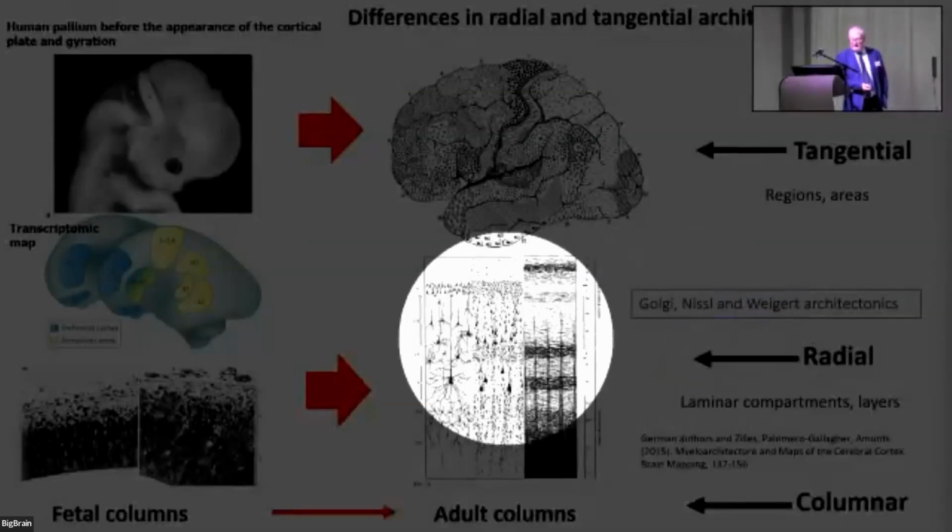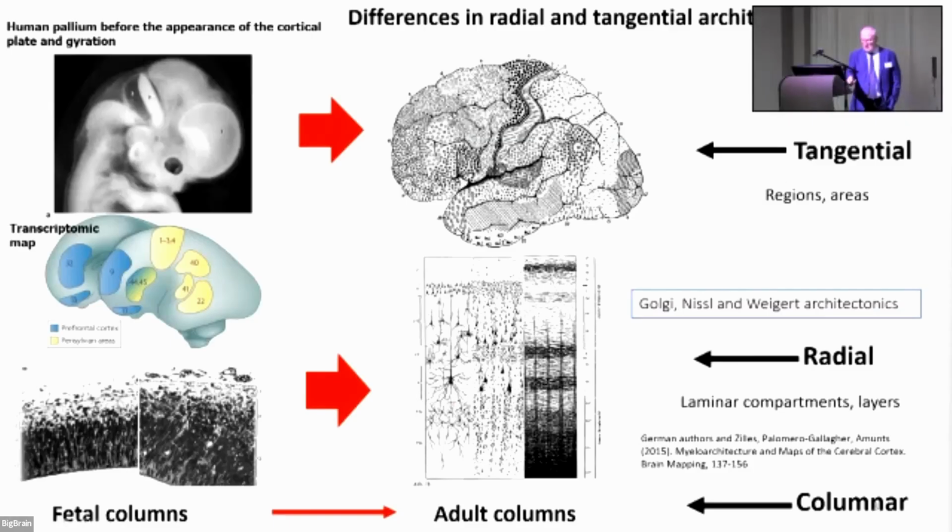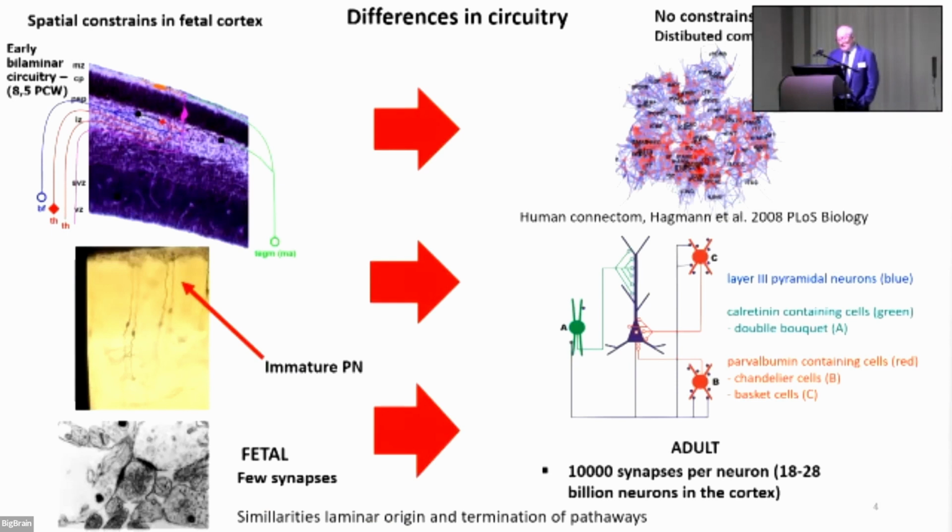Then we have fetal columns, and we don't know their relationship with adult columns, because the modular columnar organization is a crucial aspect of adult organization. Of course, the issue is how simple circuitry with few synapses develops into the beautiful connectome, as you know from your graph analysis and imaging studies.